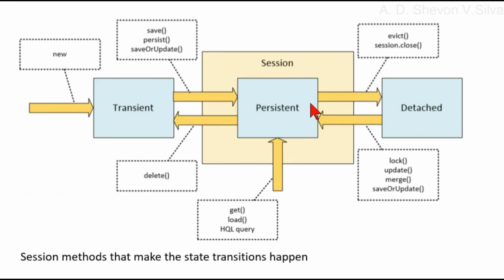Persistent interacts with detach: evict, and session.close move an instance from persistent to detached. Lock, update, merge, and save or update move an instance from detached to persistent. Get, load, and SQL query also lead to persistent.